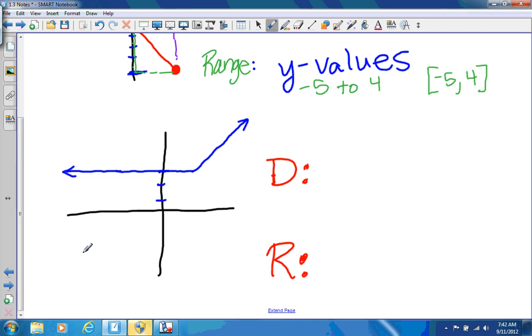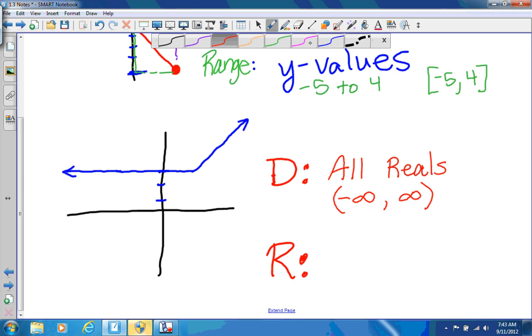Looking at this second function, in this case, our domain, because it has arrows at the ends, continues on forever and ever in both directions, so it would be all reals. And we would write -infinity, comma, infinity, and this would be a parenthesis because it doesn't include infinity, because infinity isn't a number, it's a concept.